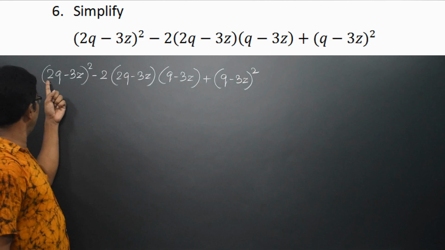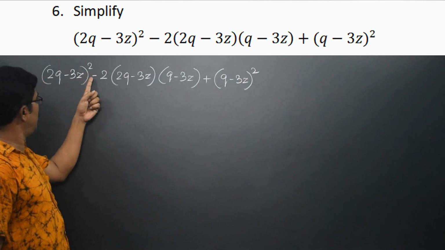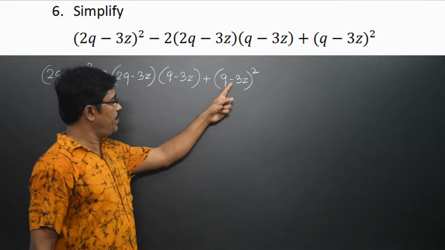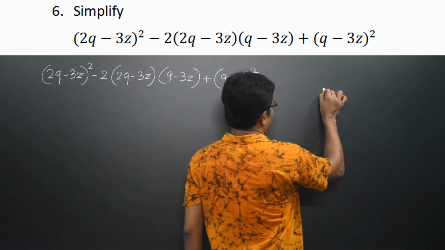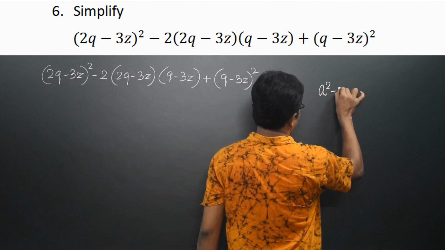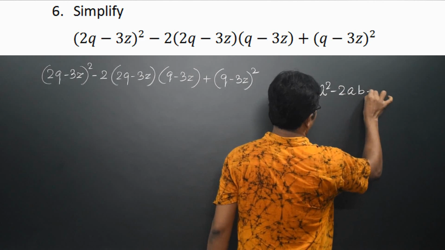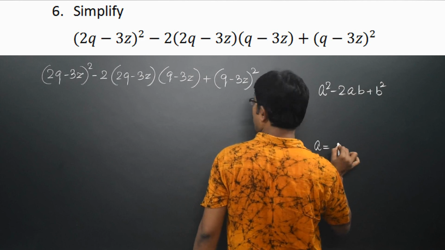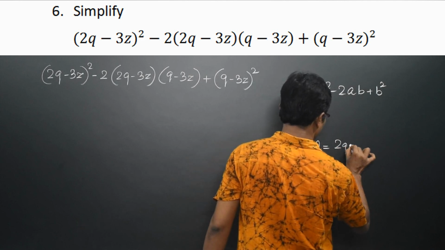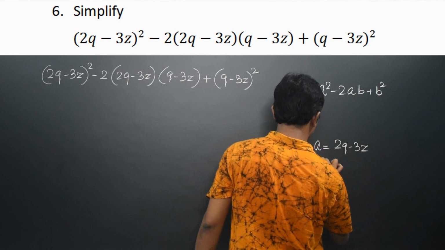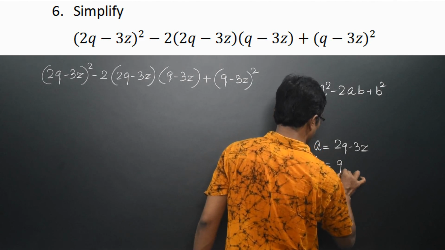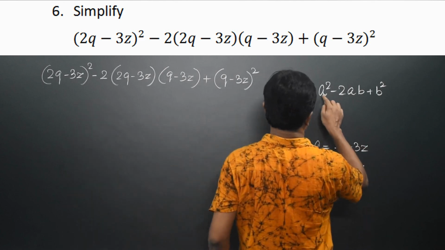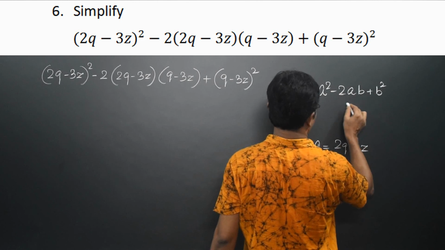This is of the form a square minus 2ab plus b square, where a is equal to 2q minus 3z and b is equal to q minus 3z.